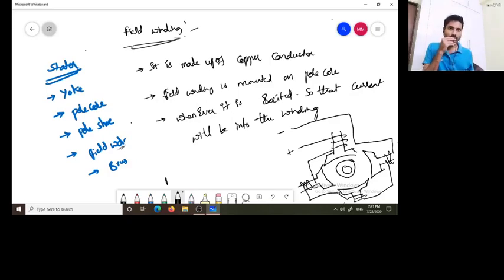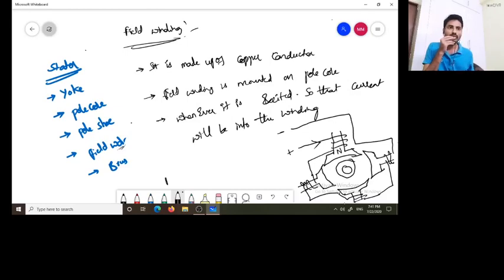Now we are giving excitation to the winding, so current will be passing into it. We are winding it on iron or core material. The core is made up of a low reluctance material, so that whenever current passes, flux will be produced around this pole.